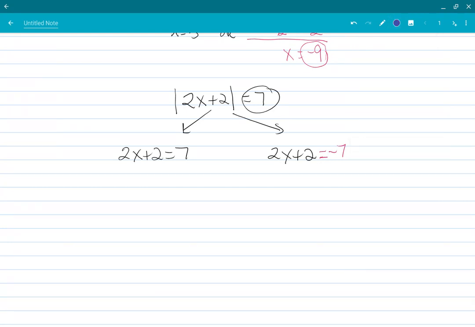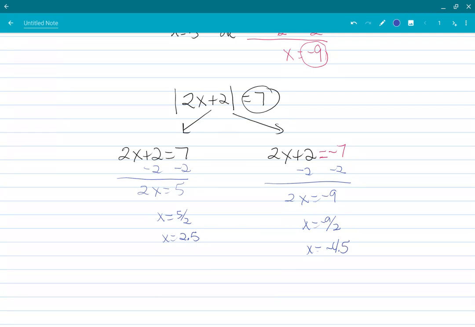Okay, I'm giving you guys time to do it. Go ahead and do it on your own. I'm going to do it too, but try not to look so that you can see if you're right.